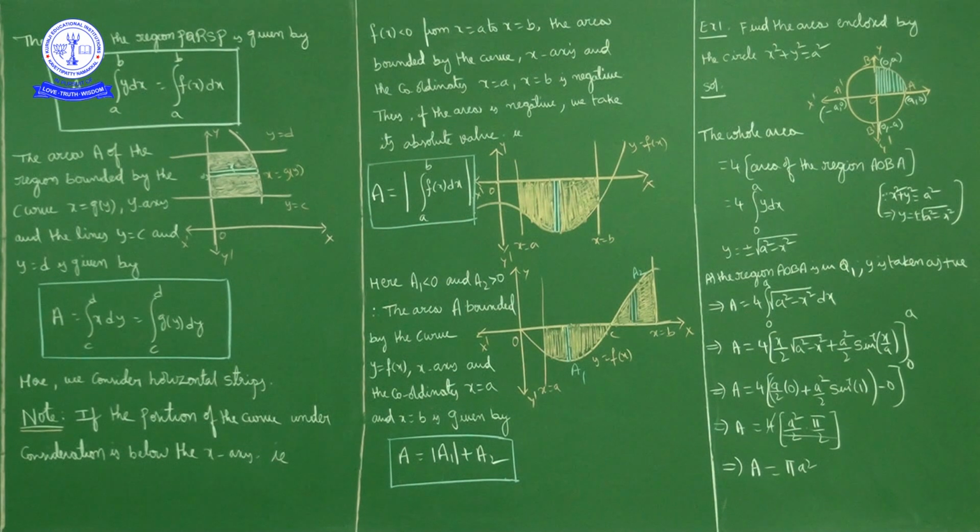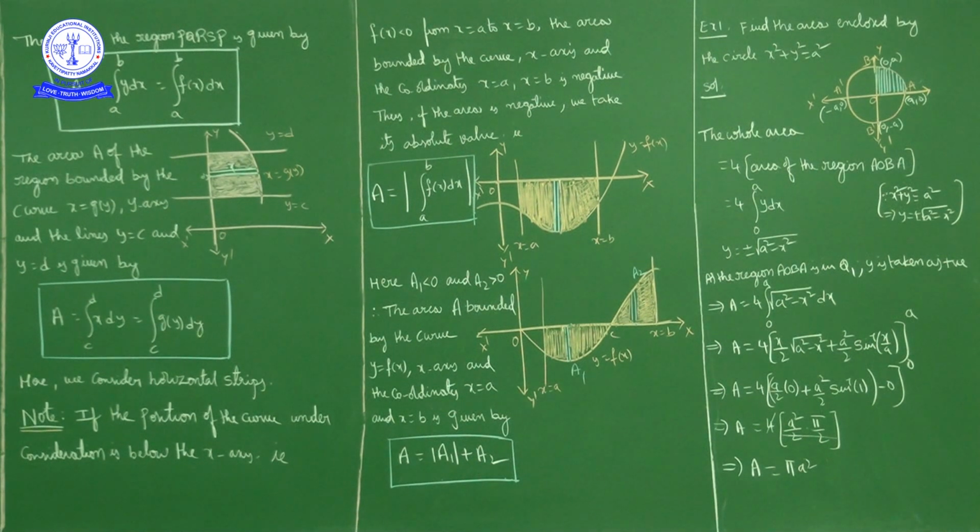Then the area bounded by the curve, x axis and the coordinates x is equal to a and x is equal to b is negative. What will happen? Suppose you have a curve something like this, y is equal to f of x. Between x is equal to a and x is equal to b, this curve is negative, f of x is less than 0. Now what will happen?